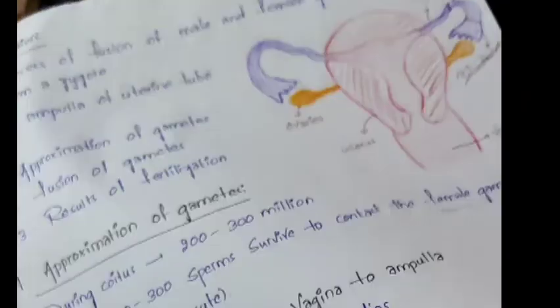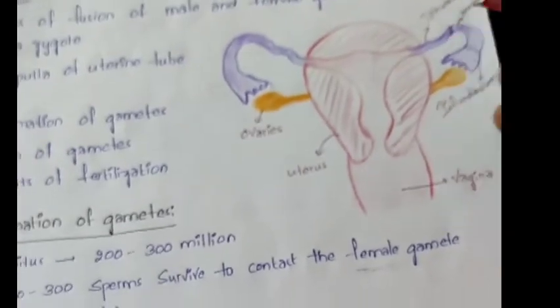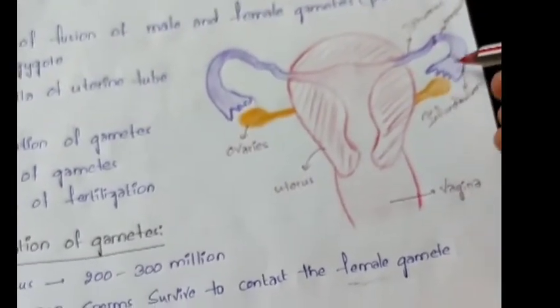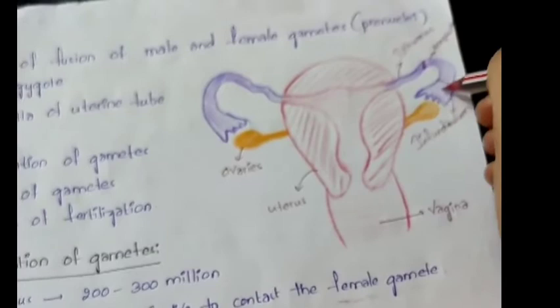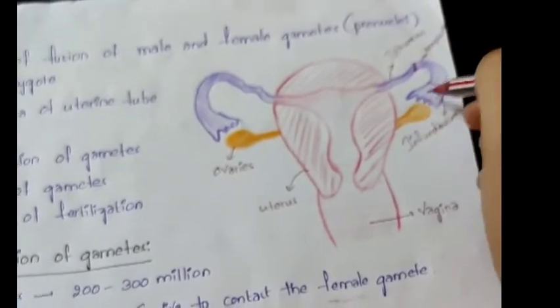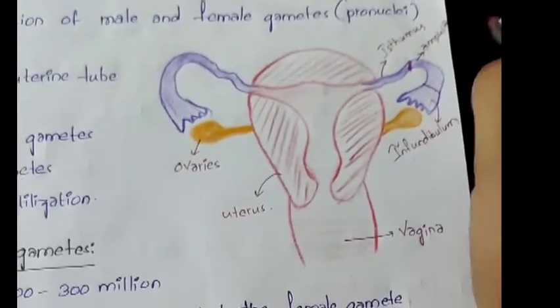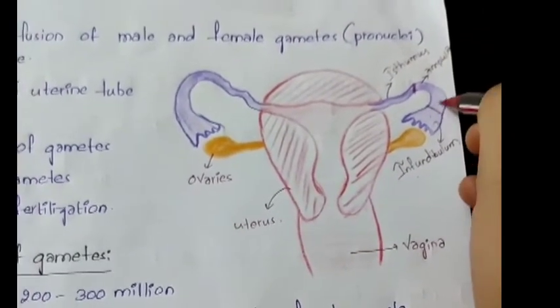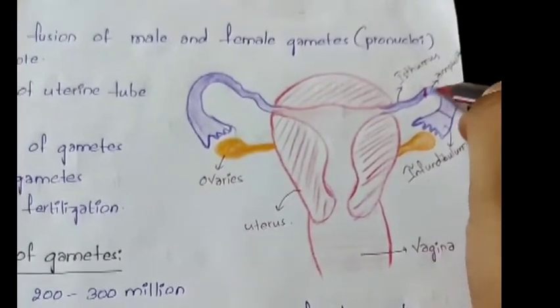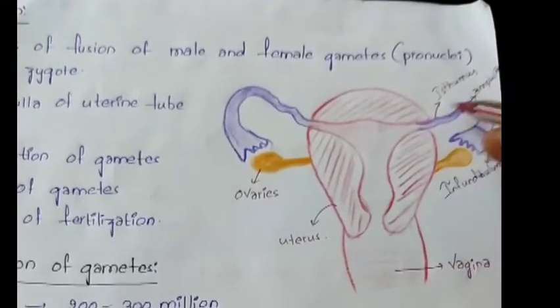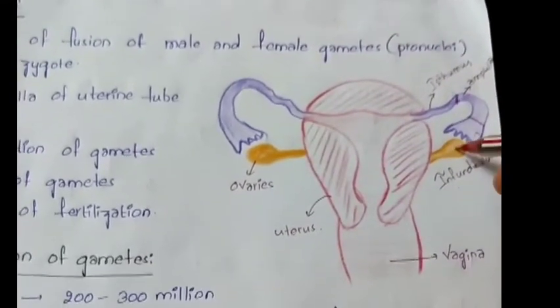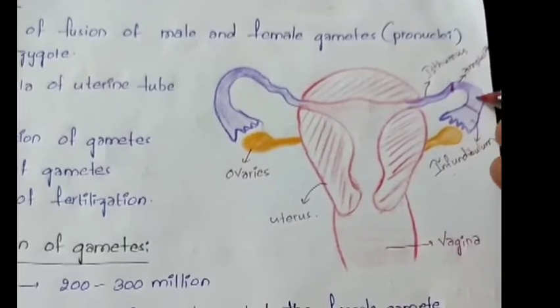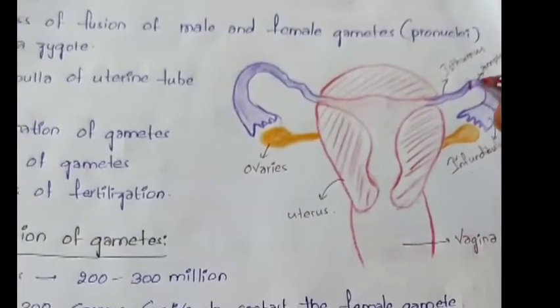After ovulation, what happens? The ovum from the ovary gets released and it is taken by the fimbriae present in the infundibulum region, and from here the secondary oocyte moves up to the ampulla. The sperms reach the ampulla, the oocyte also reaches the ampulla, and fertilization takes place.